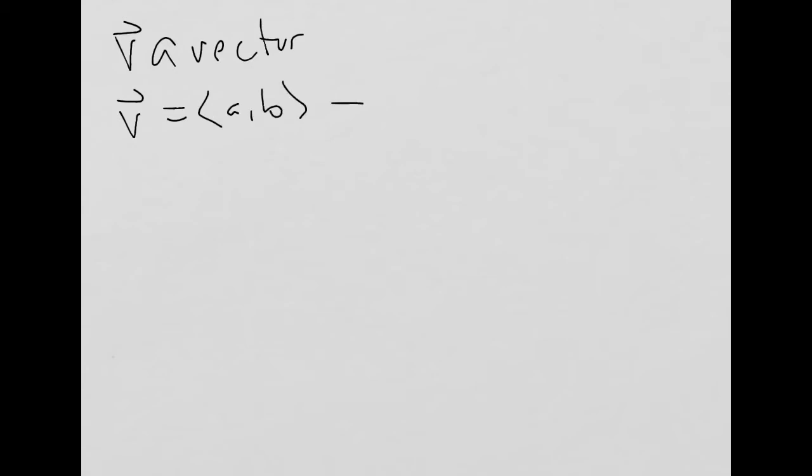So continuing on with section 9.1, we had a few different properties of vectors. If we had v was a vector, we could write it in that representation, or ai plus bj.